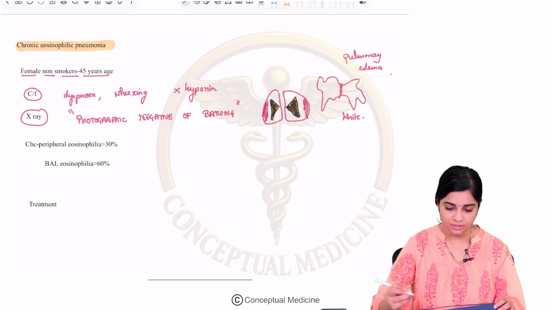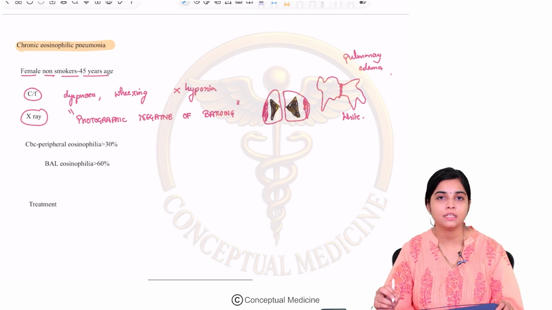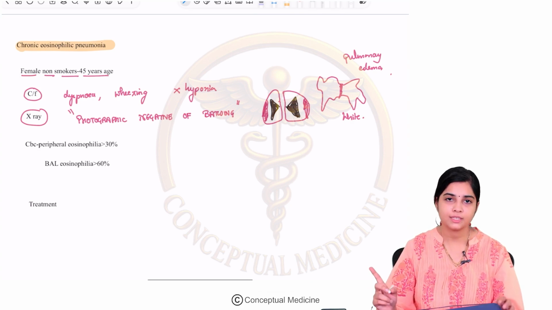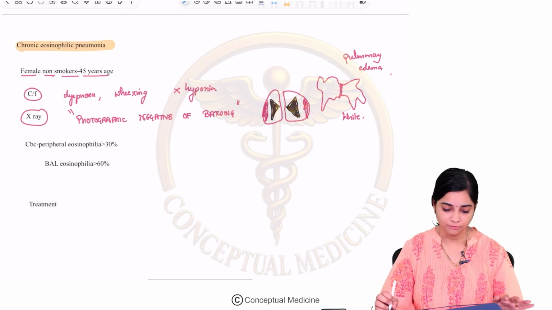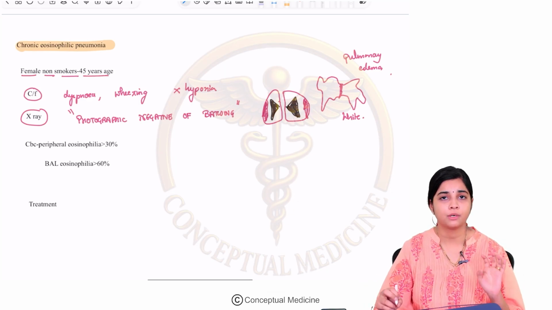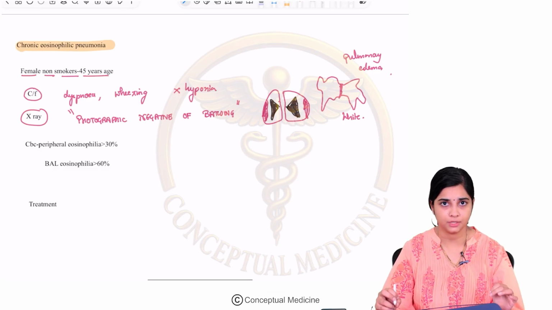That is why it's called the photographic negative of the bat wing appearance, which is a characteristic X-ray finding seen in chronic eosinophilic pneumonia.